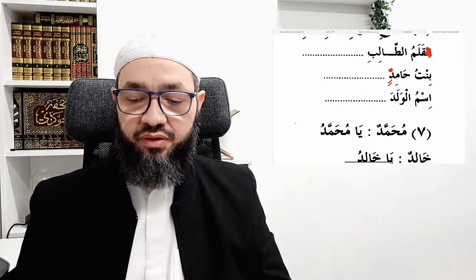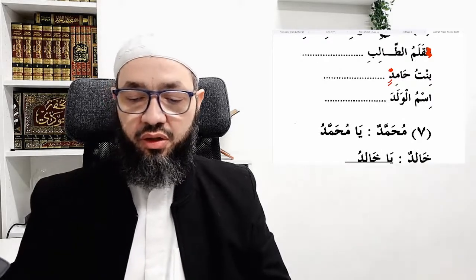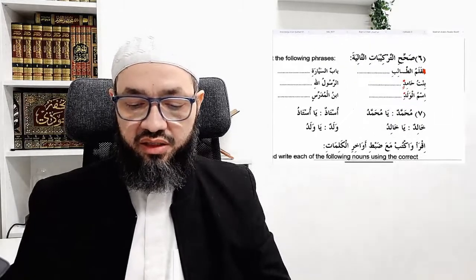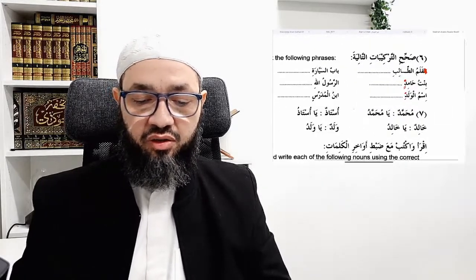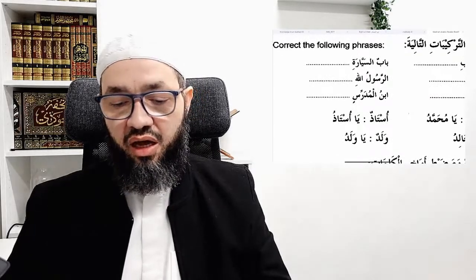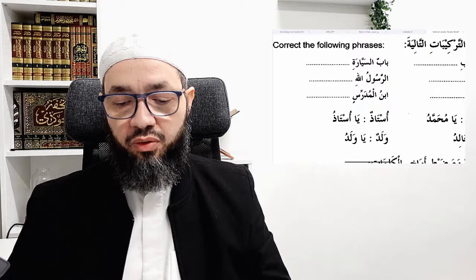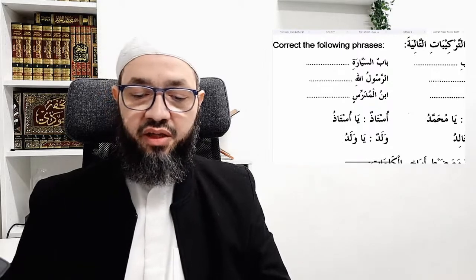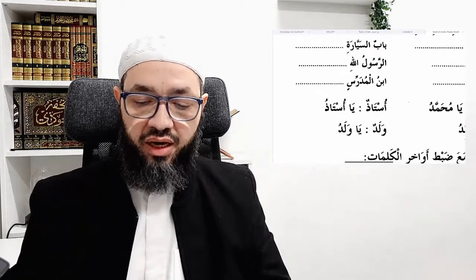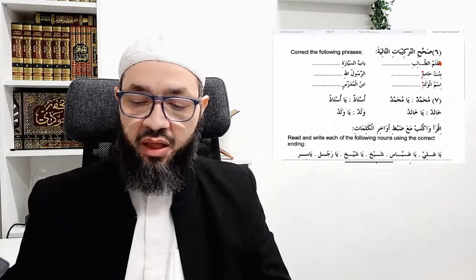Ismul walada, the name of the boy: that should be Ismul waladi. So there are the examples of correcting. Do these ones yourself: Babun as-sayyadati, ar-rasulu Allahi, ibnu al-mudarrisin. Make the correct changes to the endings, either delete or add, or whatever needs to be done.